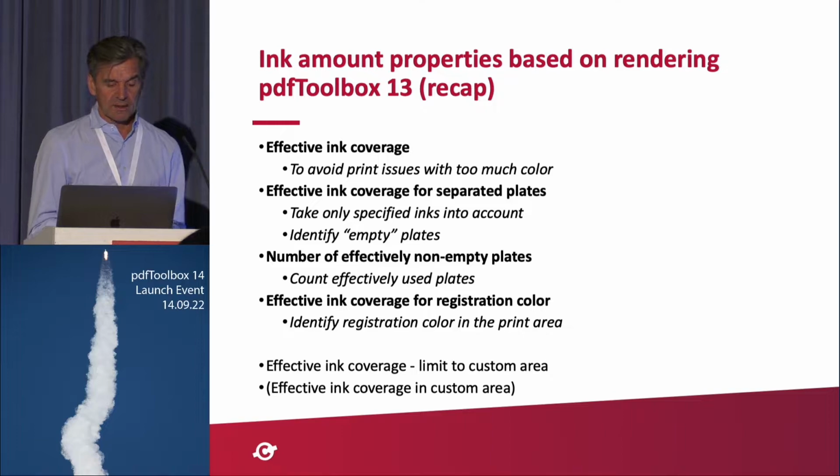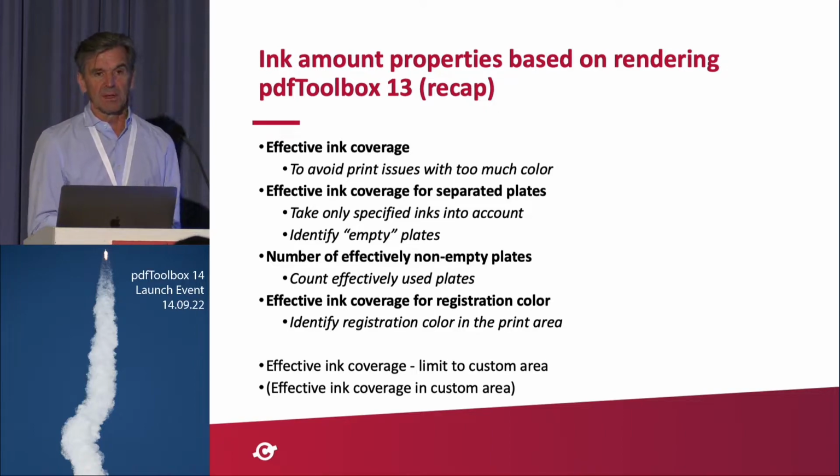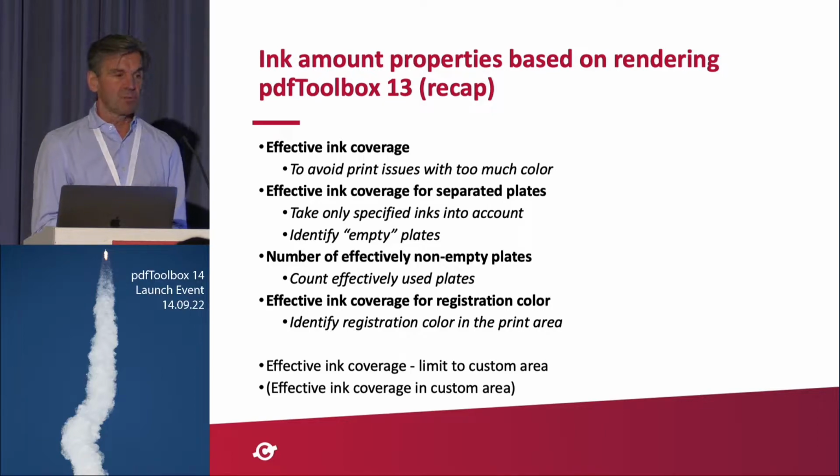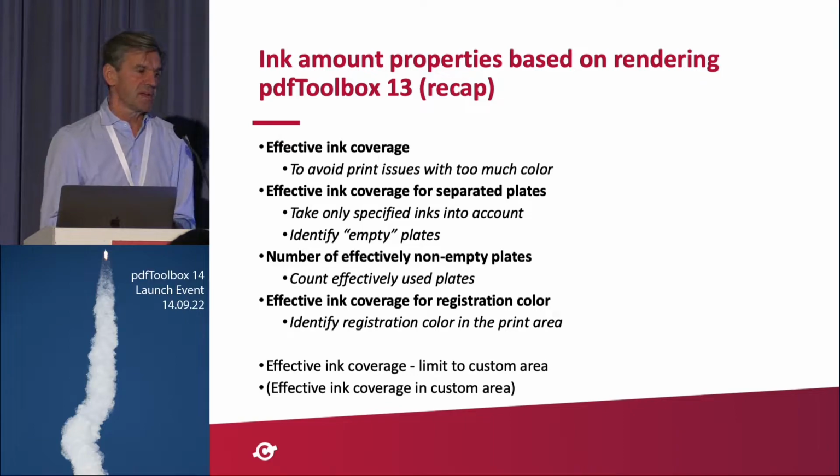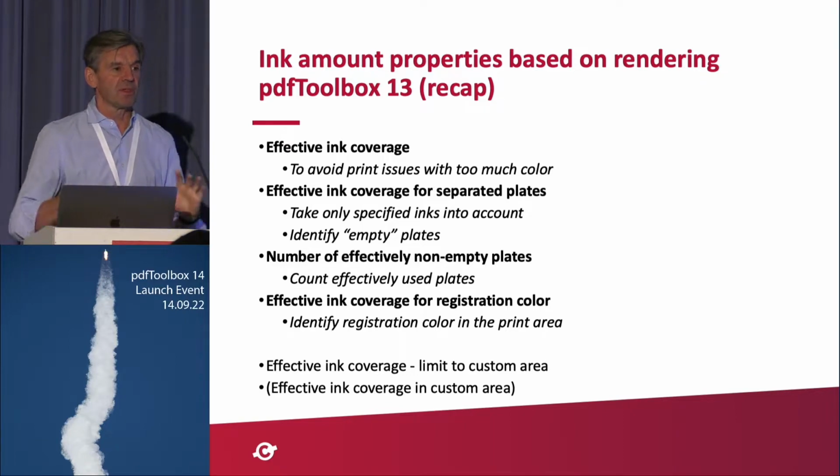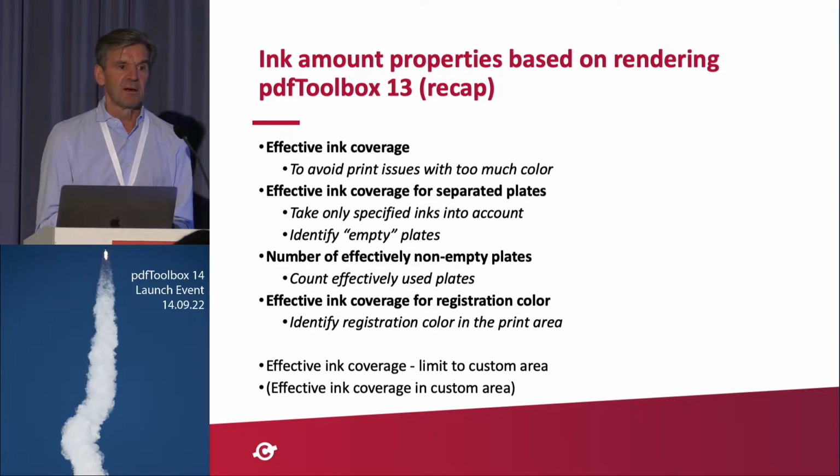Then you can identify the effective number of non-empty plates, which goes into the same direction. And the last one, for registration color, allows you to find whether there effectively is registration color in your print area. So that is what is there, and then there is a helper thing that allows you to limit the area.